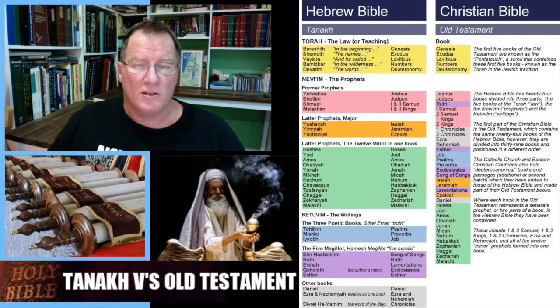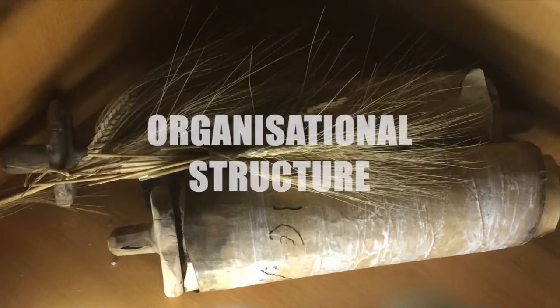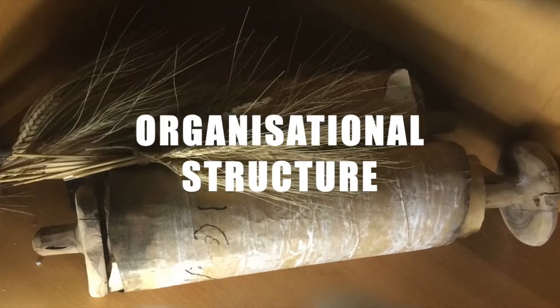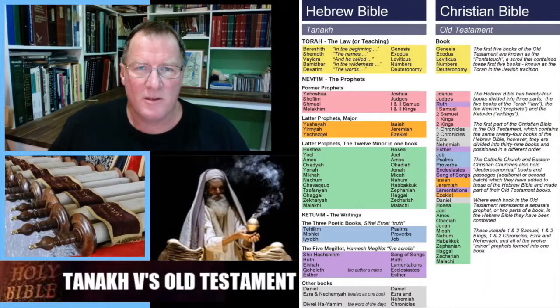When you look across at the table for the Christian Bible, you can see that after the first 5 books, we go into a very significantly different organizational structure. So in the organization of the next books after the first 5, we start to see the significant change between the layout in the Hebrew Bible and the Christian Bible.